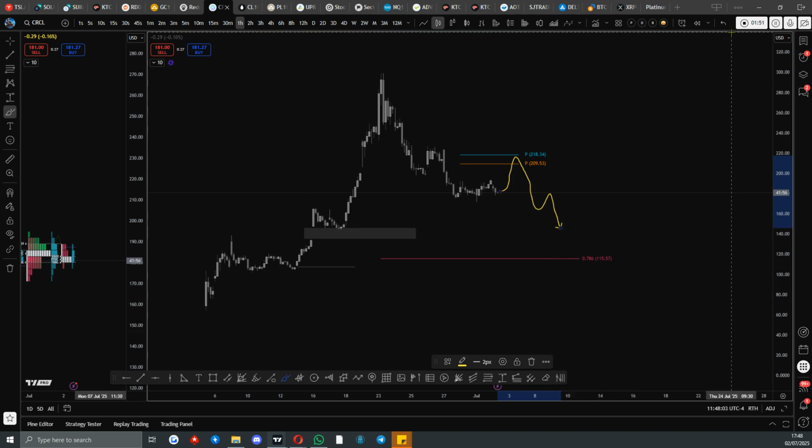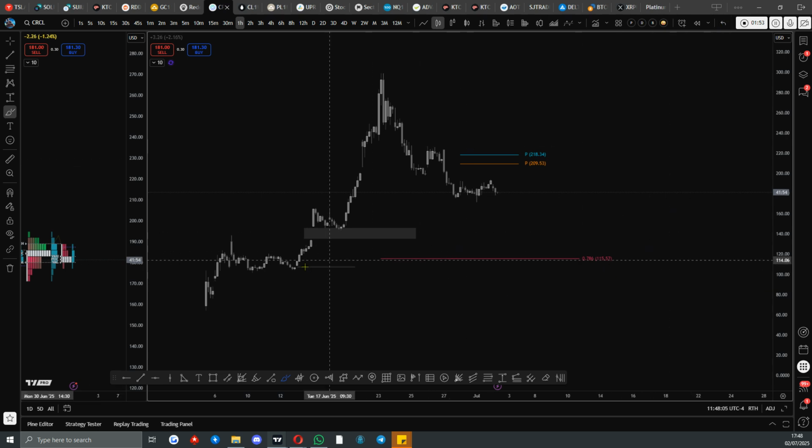And the reason why I would like to see it is because we had the IPO at $65. We've had an all-time high at 300 or 299, and we've currently come down into this 180 region. Now, the 786, which is a level that's commonly used for retracements, meaning 78% of the value of this move up gets given back.